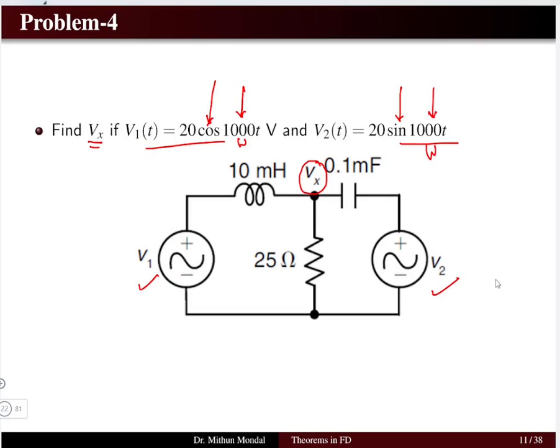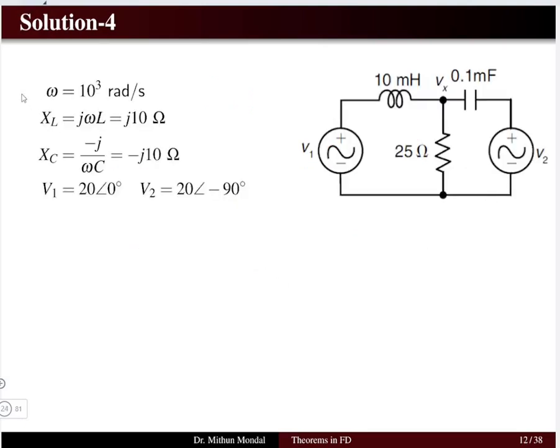So we can solve this problem because the frequency is constant. We have one inductor that is 10 millihenry and one capacitor 0.1 millifarad. So here we have to convert this one into inductive reactance and this one into capacitive reactance with omega equal to 1000 radian per second.